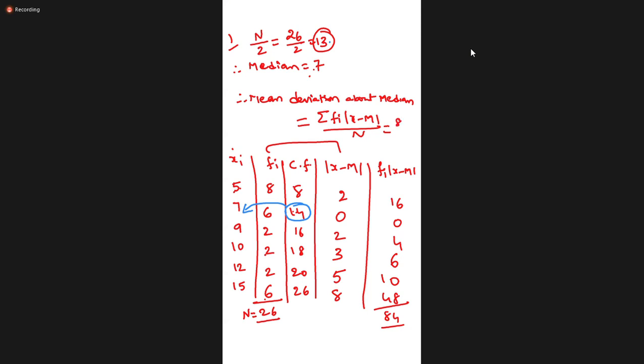That means 84 by 26. Find out the value. You told us the value above 13, that means whatever is nearest after 13, the immediate greatest number.